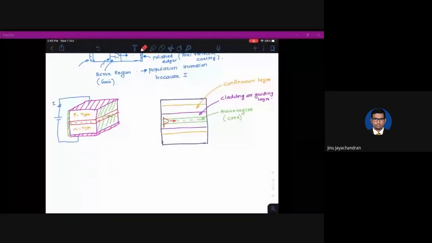It will just propagate. The confinement layer is the one which will not allow the photons to go out of the material, of the bulk of the material. So it confines the photons. It's called an optical confinement. And cladding is the one which is a carrier confinement. So it will not allow the carriers to go out. So this is a typical structure of a semiconductor laser.